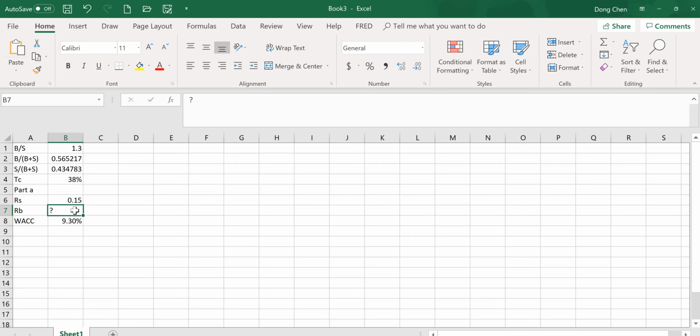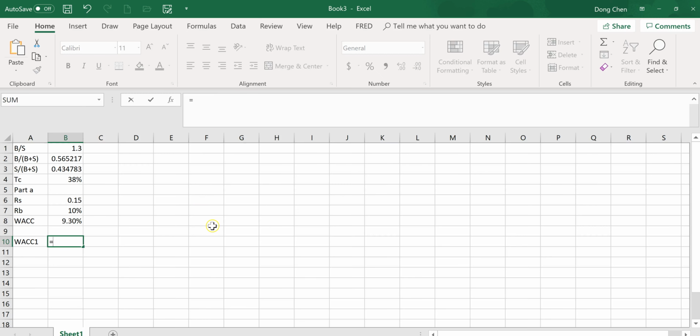Now, let me just show some magic. Let's say RB, let me assume it's 10%. I know this may not be correct, but I will show you how to get the correct RB after we have made this assumption. So now WACC based on this RB, let me call it WACC1.